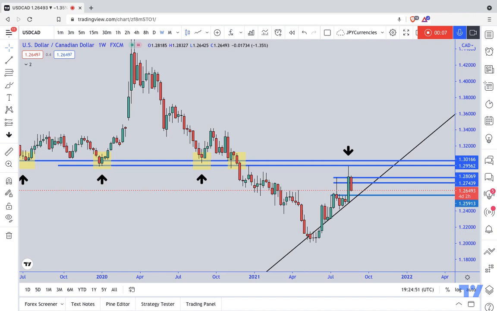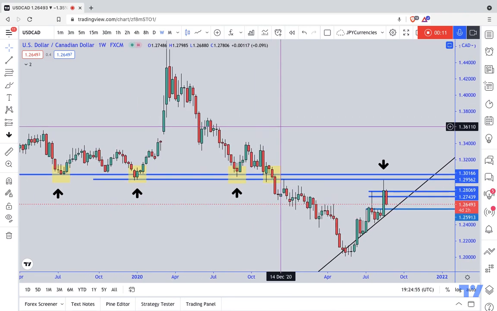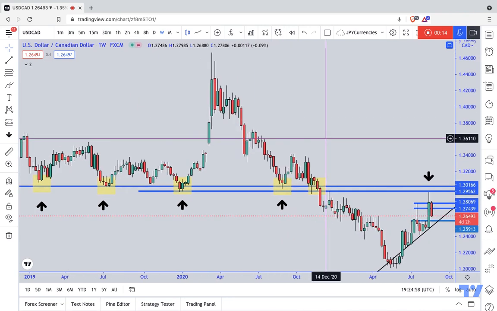So today we're gonna look at this beautiful USD Canadian dollar chart.